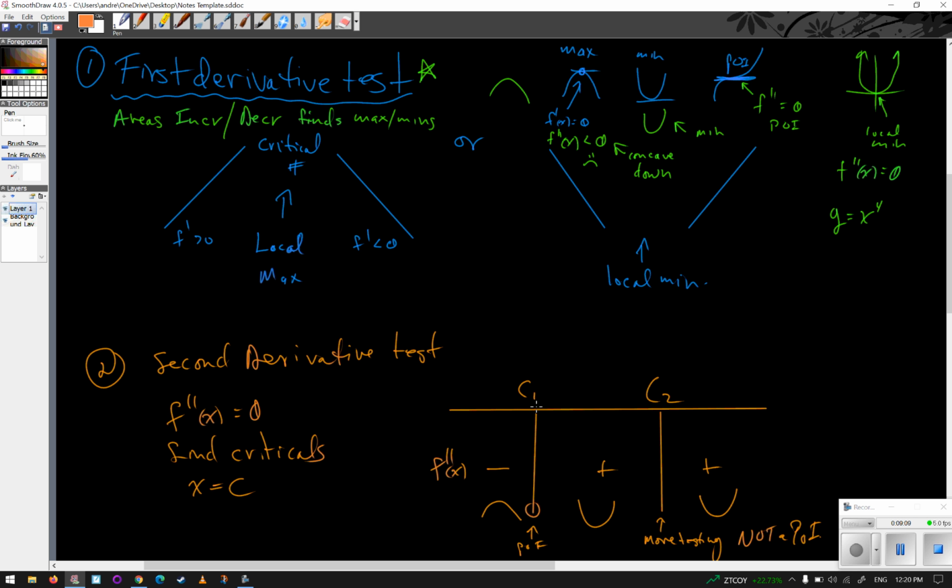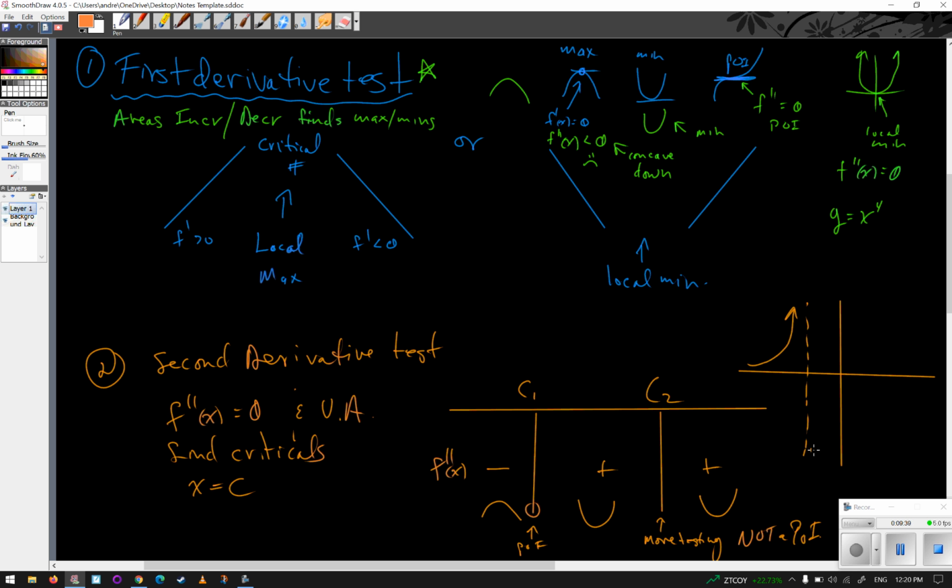Also, not only where f double prime at x equals 0 but vertical asymptotes, because if you think about a vertical asymptote, you can change concavity on either side of a vertical asymptote, right? So kind of think about a function that looked like this. So maybe we've got a vertical asymptote there. We could have a function that went like this, right? So on the left side of this vertical asymptote, is that concave up or down? It's up, right?